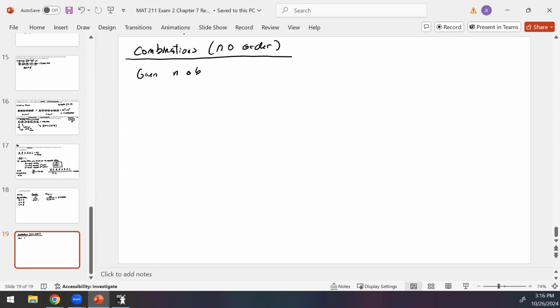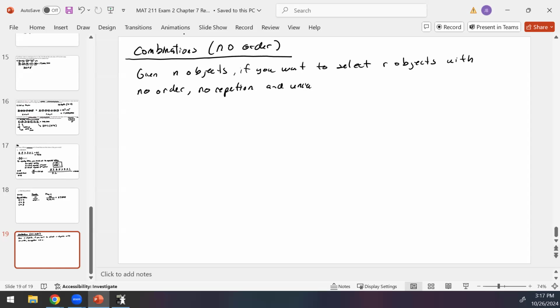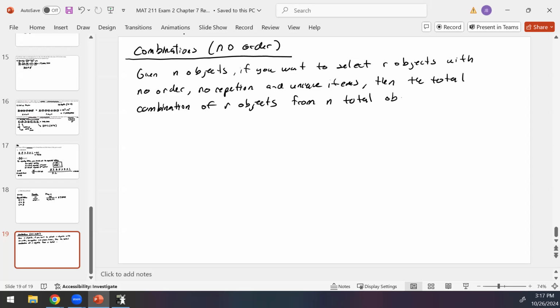So given n objects, if you want to select R objects with no order, no repetition, and unique items, then the total combinations of R objects from n total objects is, we use nCr, equal to n factorial over R factorial times n minus R factorial.